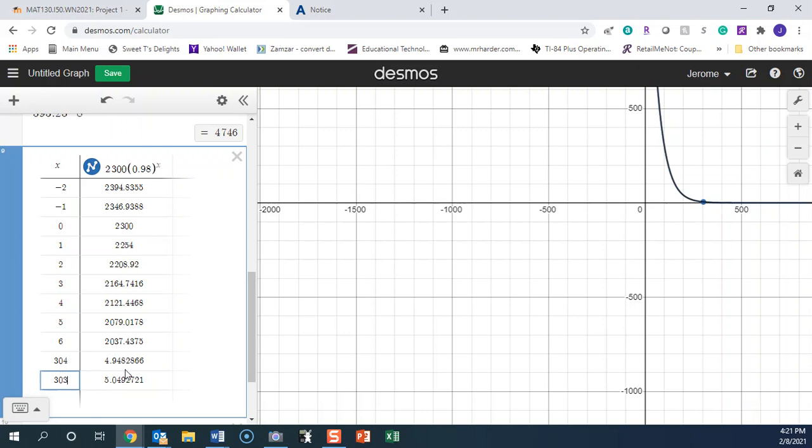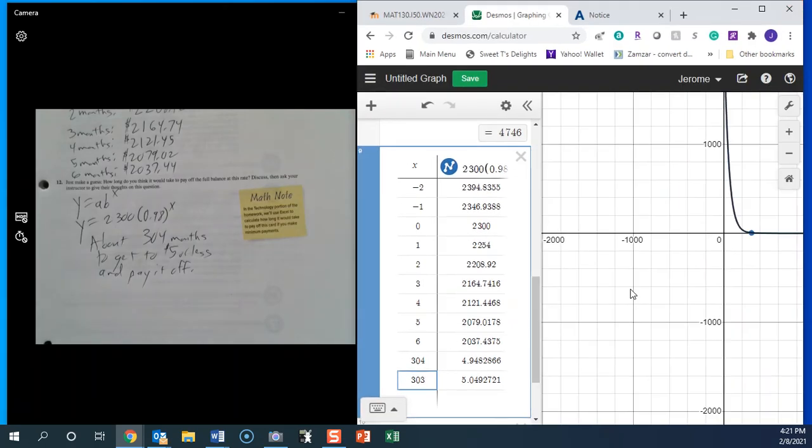So we could say about 304 months to get to $5 or less and pay it off. Again, it's about 304 months, and that's to get to $5 or less and pay it off.